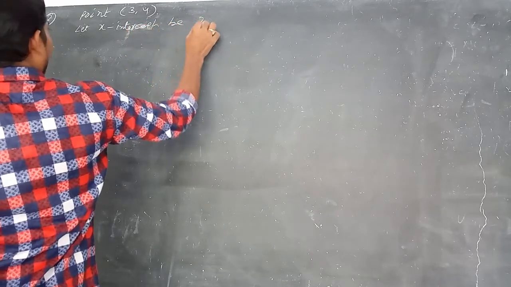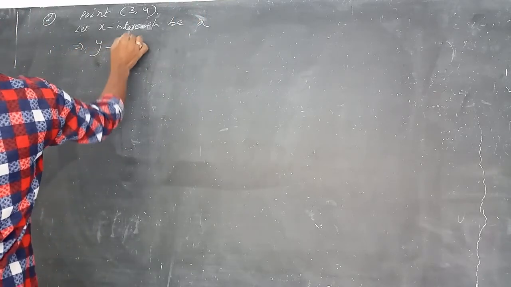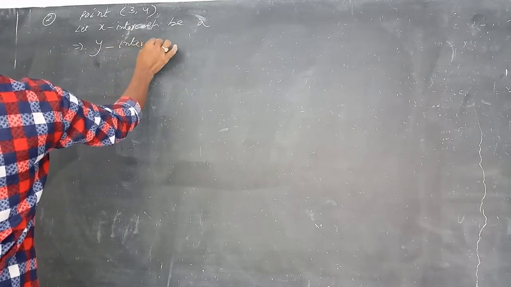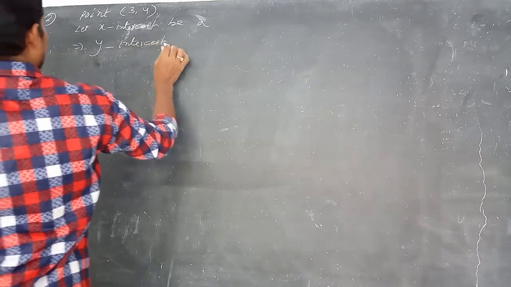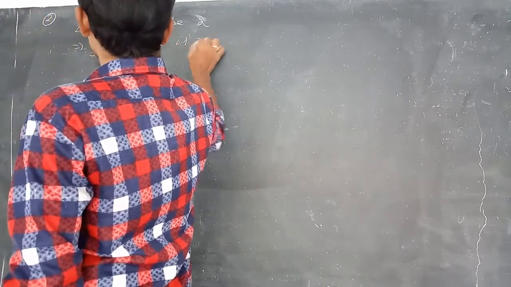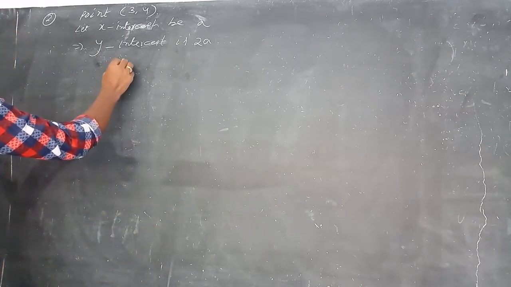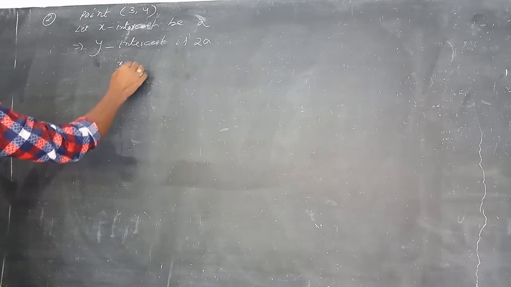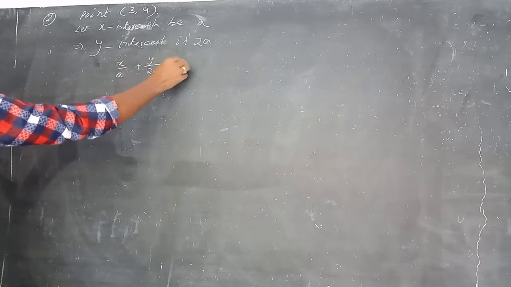We know the intercept form of a line equation: x by a plus y by b, I mean to say y by 2a, is equal to 1. Right?